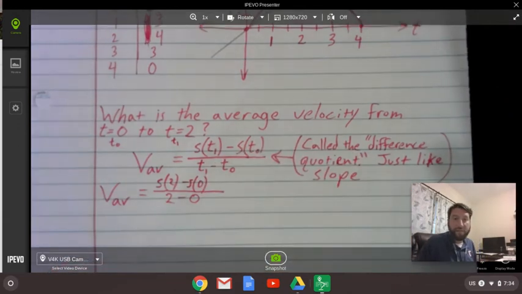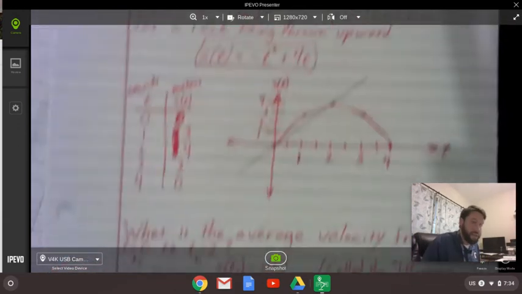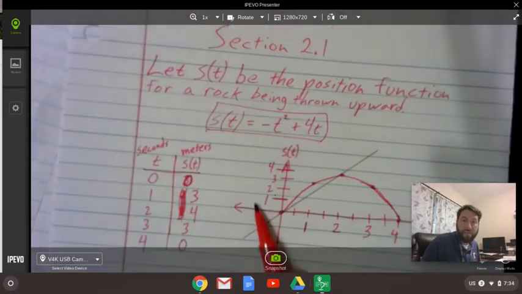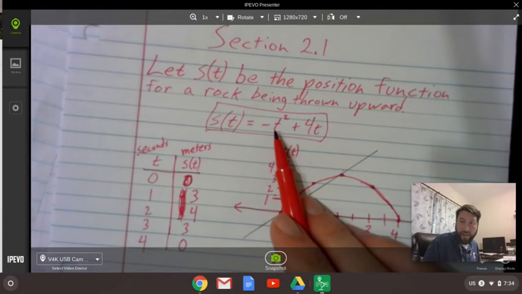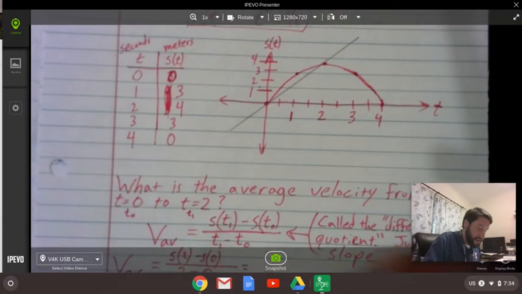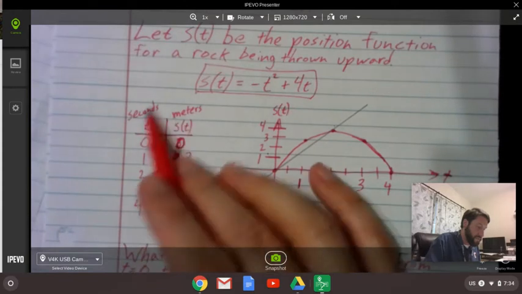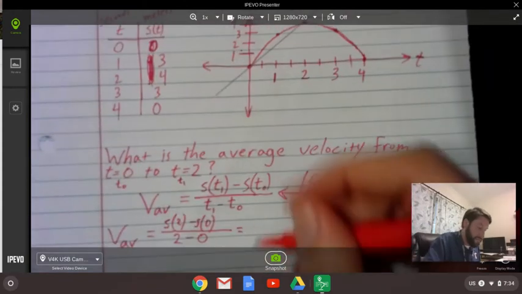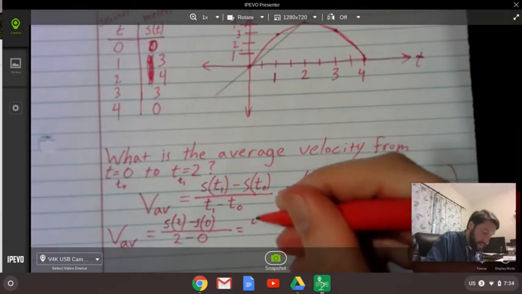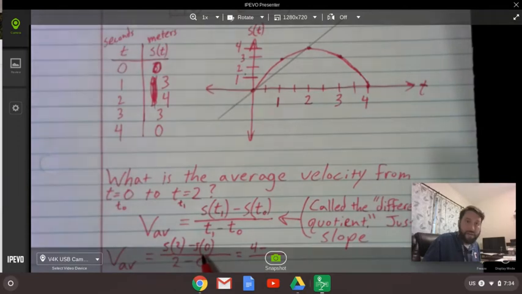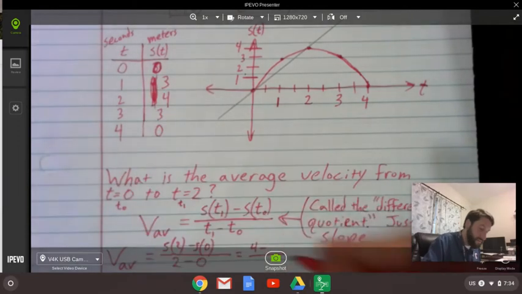So I can just look at my table to fill this stuff in because I already made a table. If you don't have a table, you just plug it into your equation right here. Okay. So for my table, S of 2 is going to give me 4, so that's going to be 4 minus, and S of 0 on the table is going to be 0.